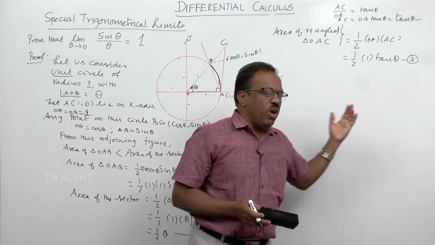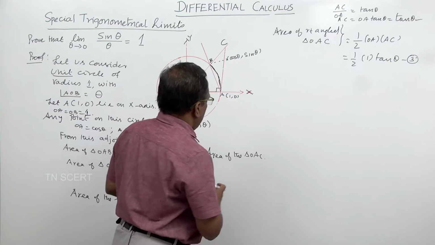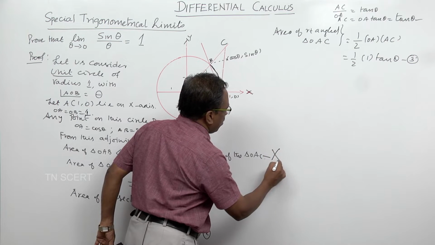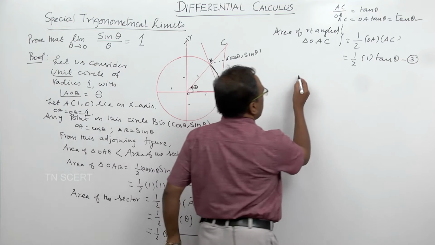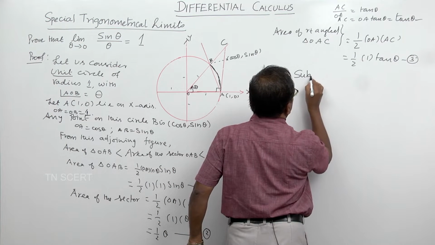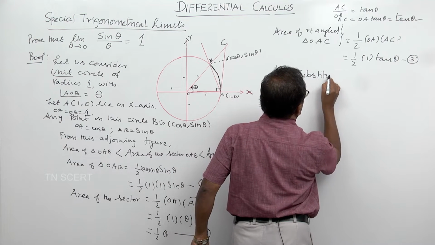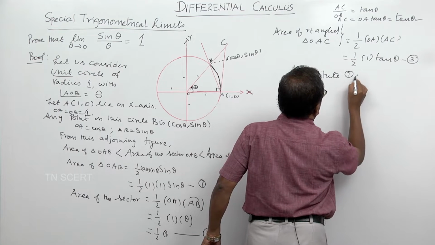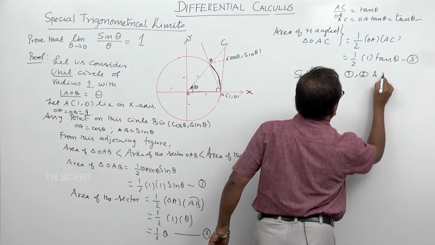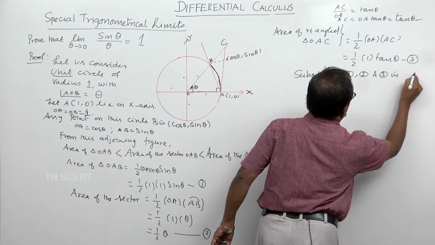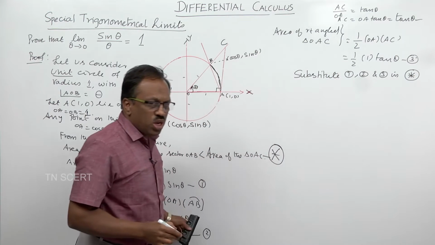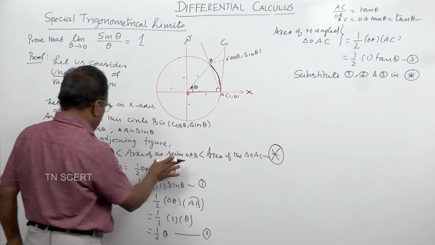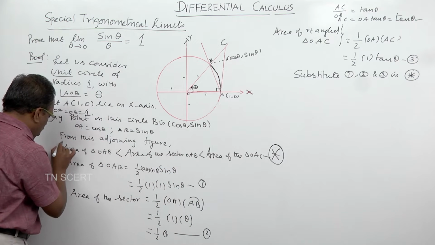So, these 3 we are going to substitute in star. This is the equation, nothing but star. I am going to substitute 1, 2 and 3 in star. Remember, in this equation I am going to substitute this part. This is a very important one.